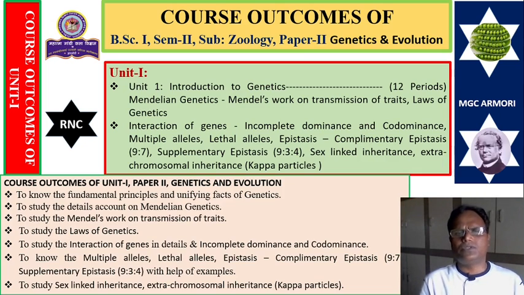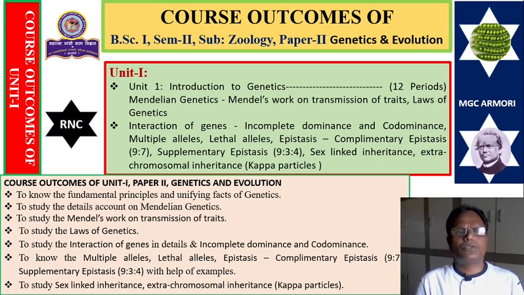Then the 3 laws, how Mendel postulated the 3 principles, then they were rediscovered in the 19th century by 3 scientists, that is Hugo de Vries, Correns and Tschermak. They rediscovered Mendel's principles and put forth the 3 laws.